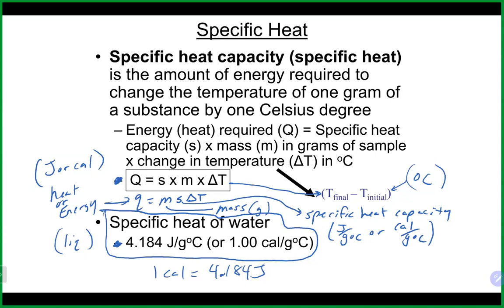When we do any type of process like this where we could calculate Q, if we do it under constant pressure conditions, it will actually give us the delta H value, the change in enthalpy.